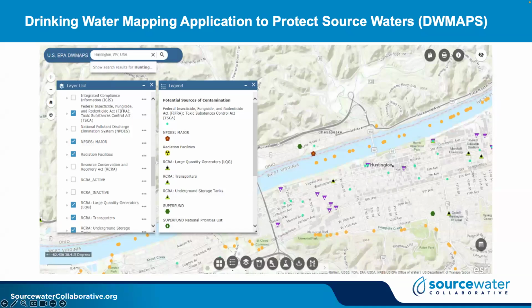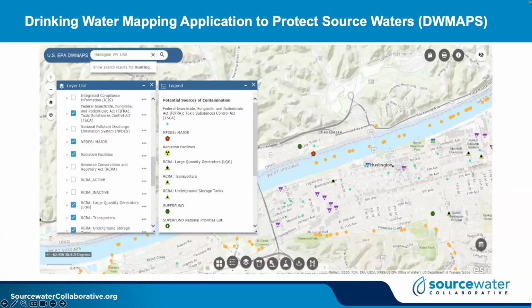We surf the watershed, seeing what there is, and digging further into specific sites or facilities that could be of concern. This specific screenshot is from our Huntington water treatment facility on the Ohio River. And there is a PFAS discharger located about 115 miles upstream from this facility.